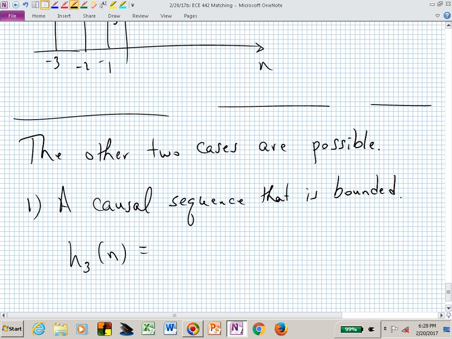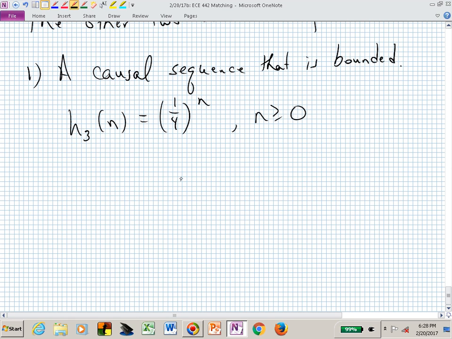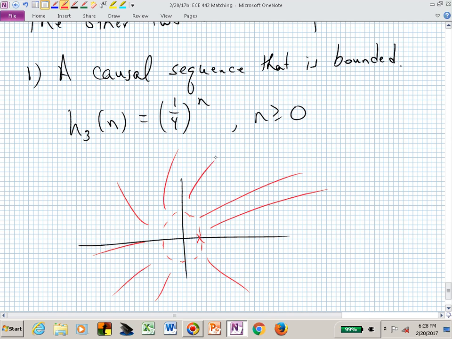If it's causal, when do we know it's defined? N is greater than or equal to 0, and we could pick any mode. Give me a mode. It needs to be where? Less than 1. So let's just say this could be 1/4 to the n. That's a bounded waveform. Where's the region of convergence? If it's causal, we know it's outside. We have an unbounded region of convergence, but a bounded waveform.